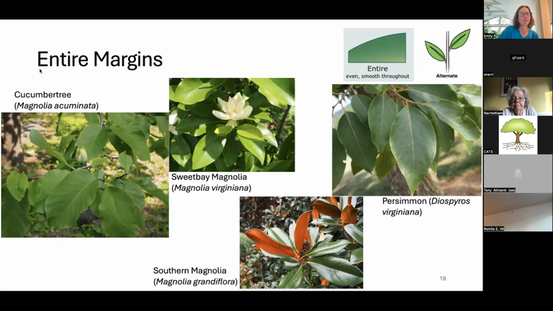All right, so the first ones we're looking at here are entire margins, and I have to admit some of these were written down as wavy in the books. So wavy and entire seem to be very nebulously described. And I should also mention that when I was putting this presentation together, I tried to take the margin descriptions all from the same text.